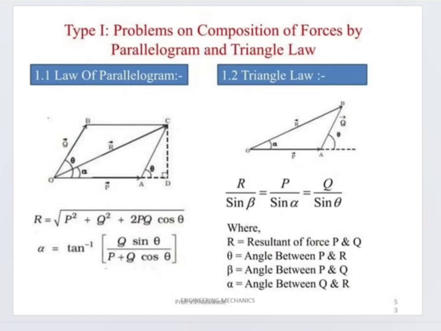These are the respective angles. R is the resultant of forces P and Q. Theta is the angle between P and R, beta is the angle between P and Q, and alpha is the angle between Q and R.